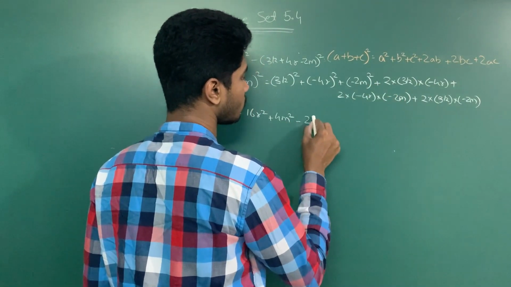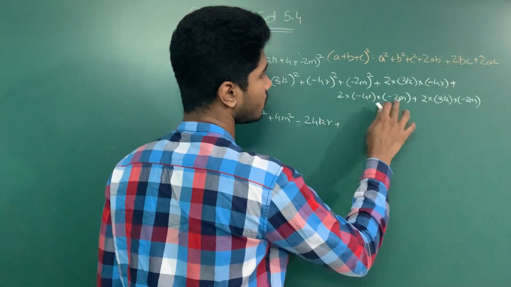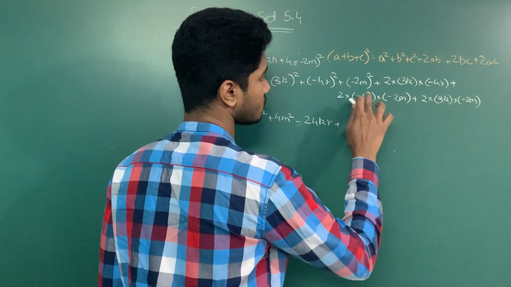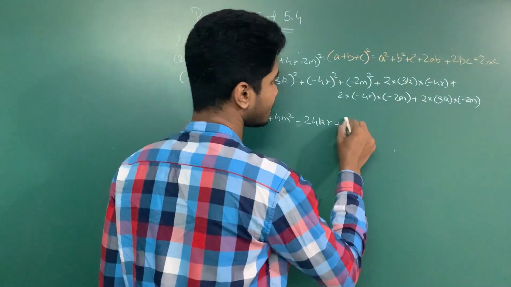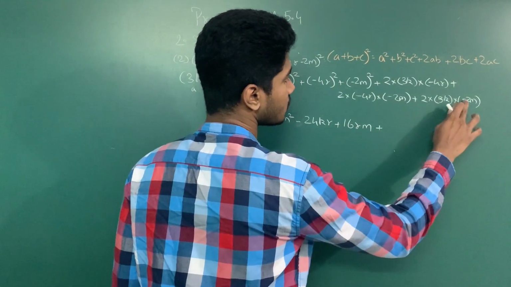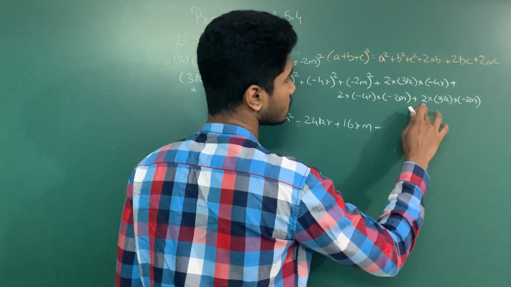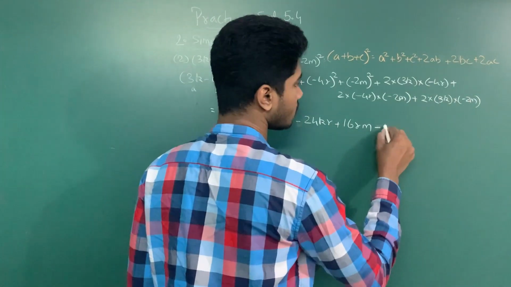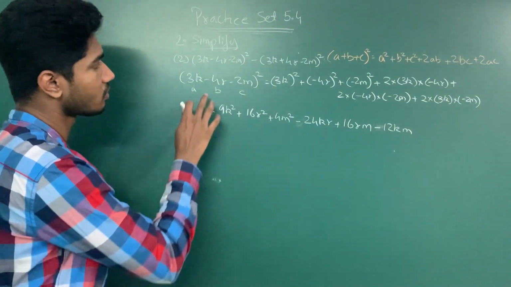So this will give you 24kr plus 2 into 2 is 4, 4 into 4 is 16, but there's a minus here and minus over here also, so minus minus will change to plus. So you get 16rm plus, there's a minus sign over here, so minus plus will be minus. 2 3s are 6, 6 into 2 is 12, 12km. So this becomes the result of this bracket.